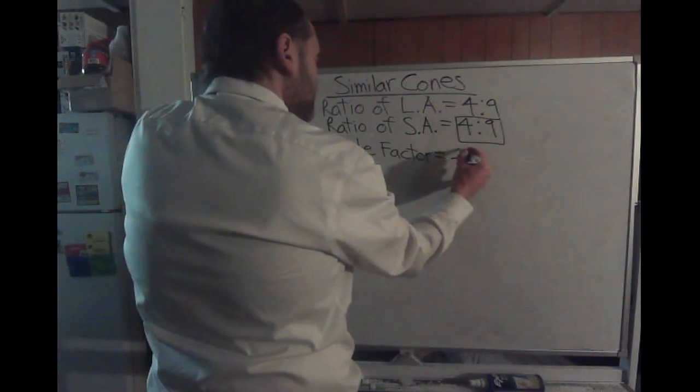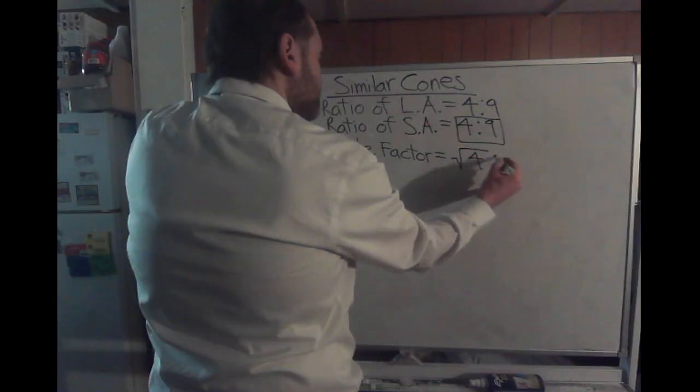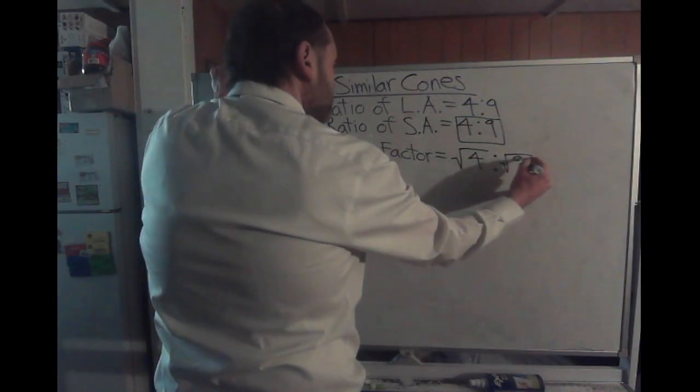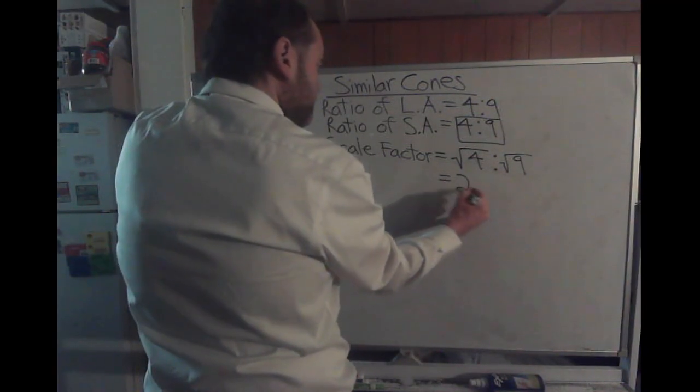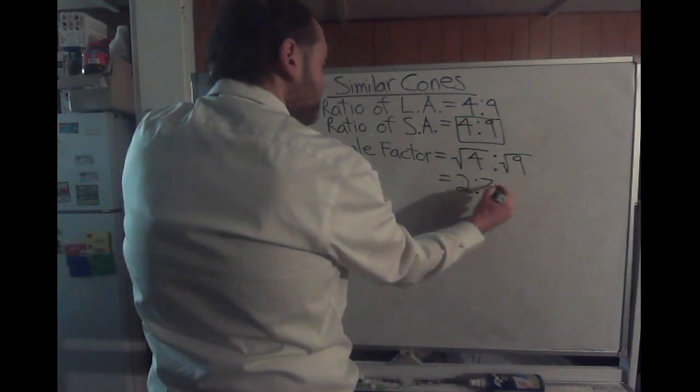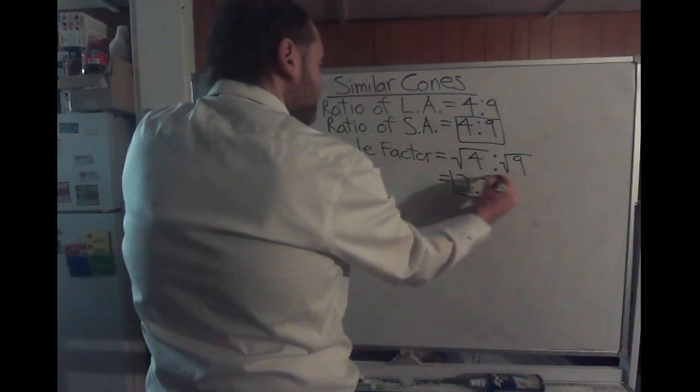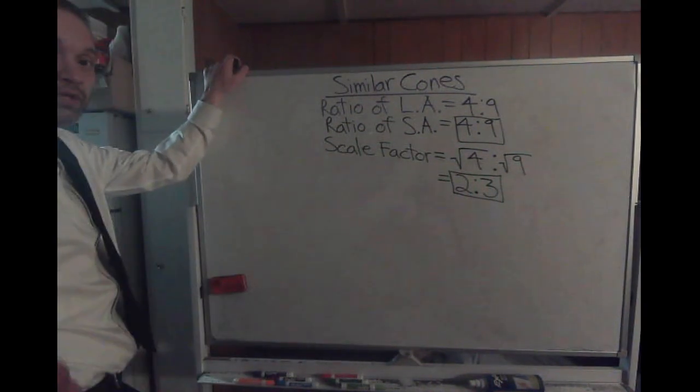So it's going to be equal to the square root of 4 to the square root of 9, which in short would give you a scale factor of 2 to 3. So now we've identified our scale factor to be 2 to 3.